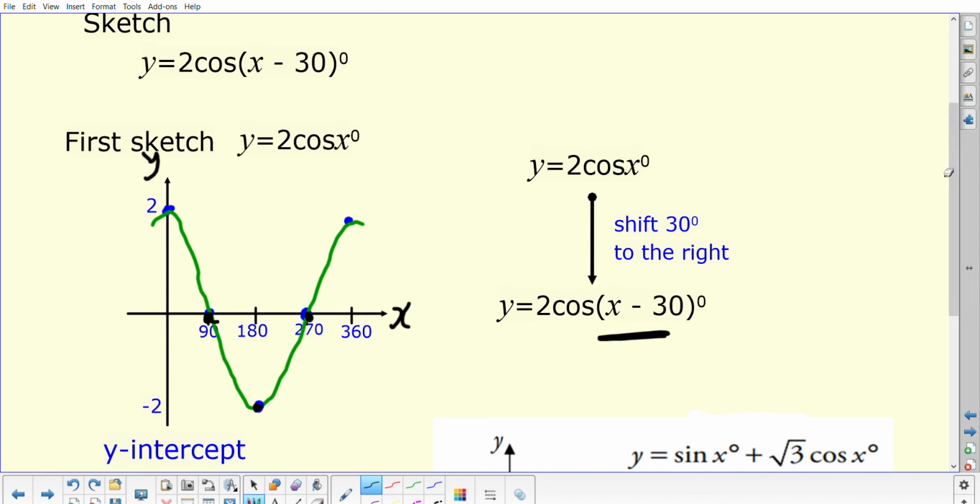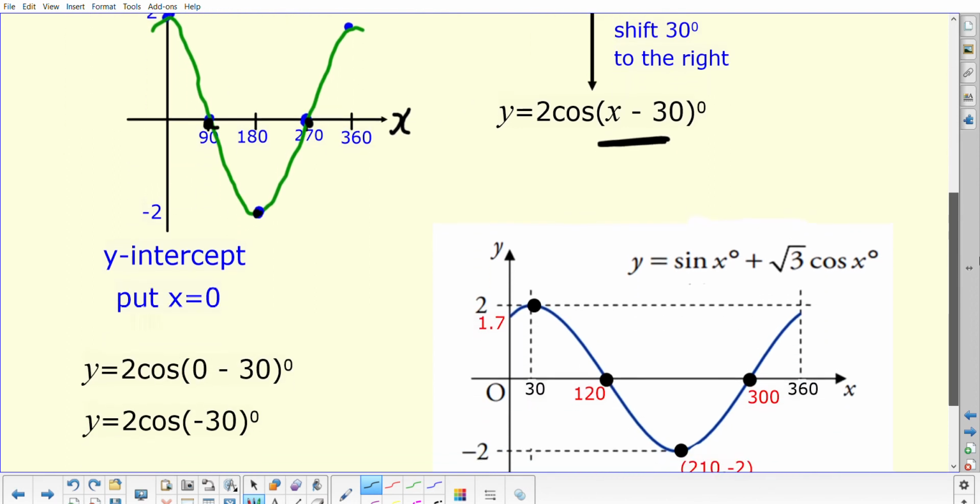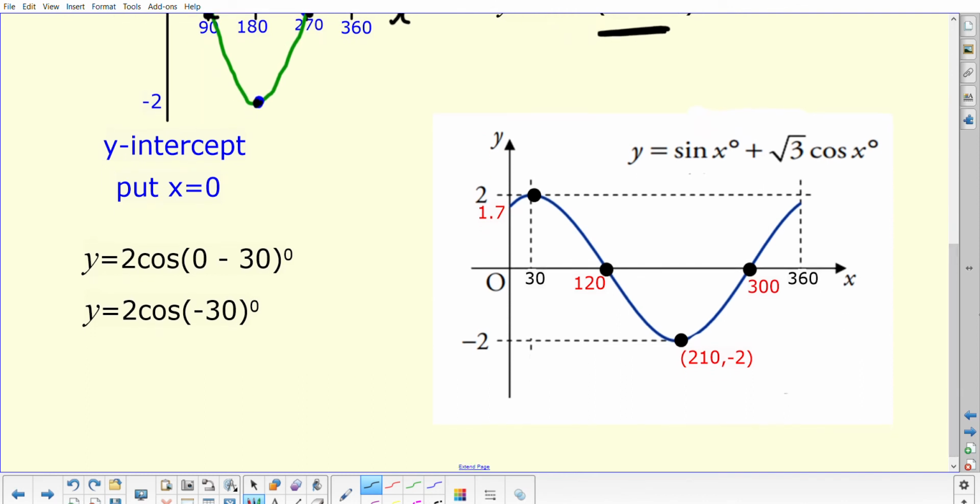And remember, that does mean, where does it cross the y-axis? If you sub in x equals 0 into the wave expression, you get y equals 2 cos minus 30. If you were doing this without the calculator, the negative, what does that mean?